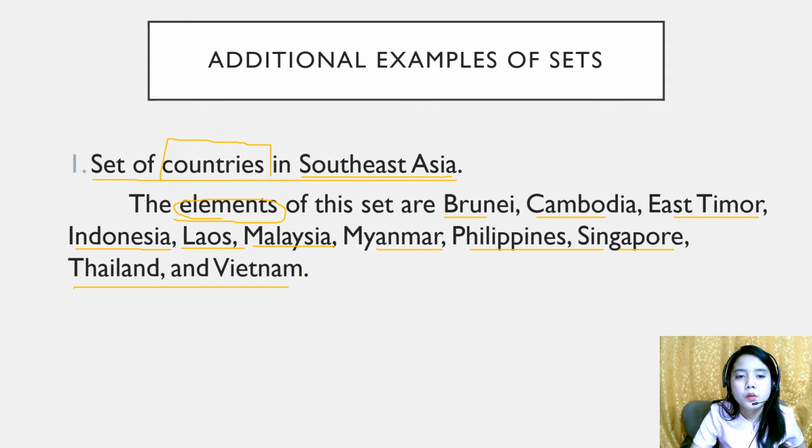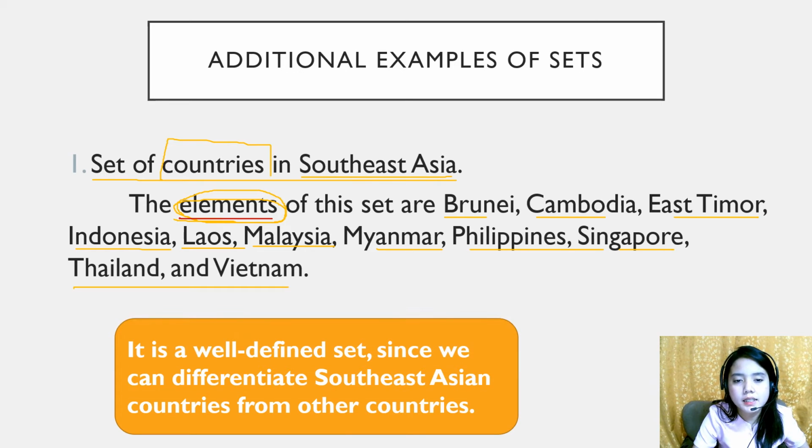So, kini daw si Brunei, Cambodia, East Timor, Indonesia, and so on, mao daw na sila ang elements sa atoang set. In other words, katong mga naa sa sulod or nabilong sa set, they are called the elements of our set.